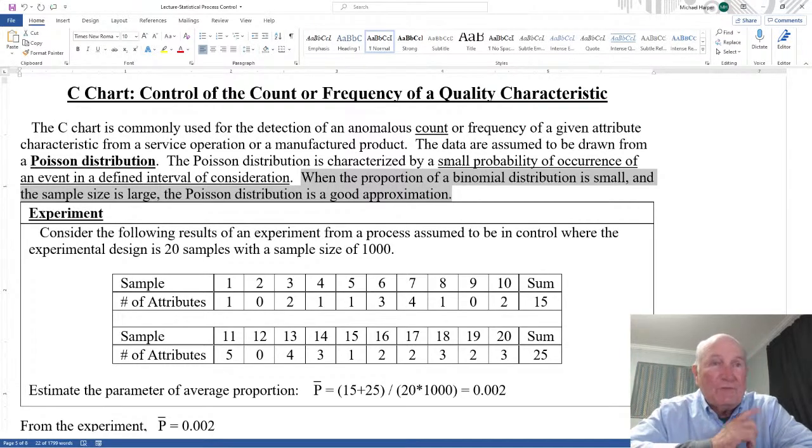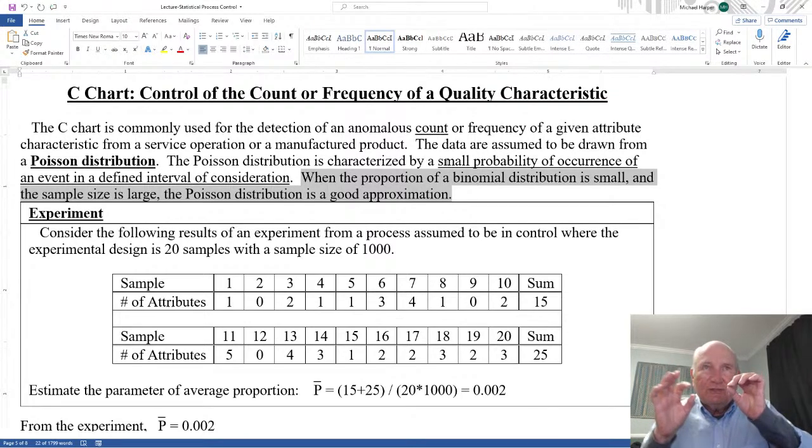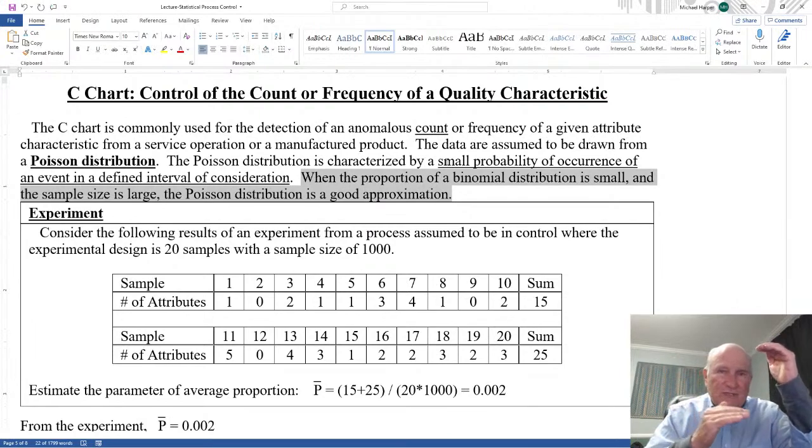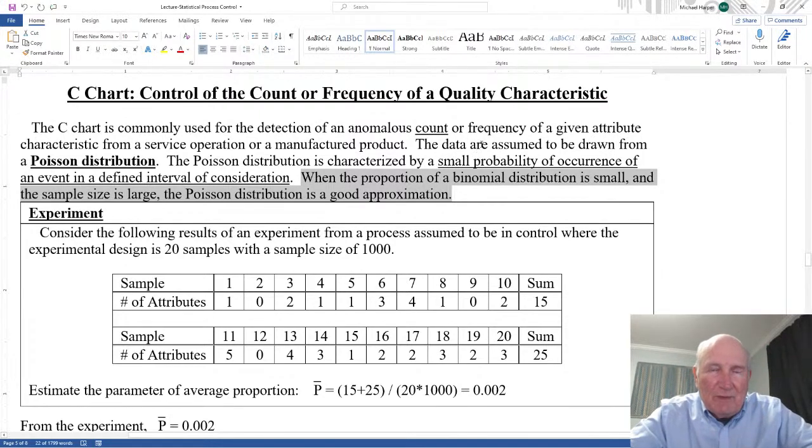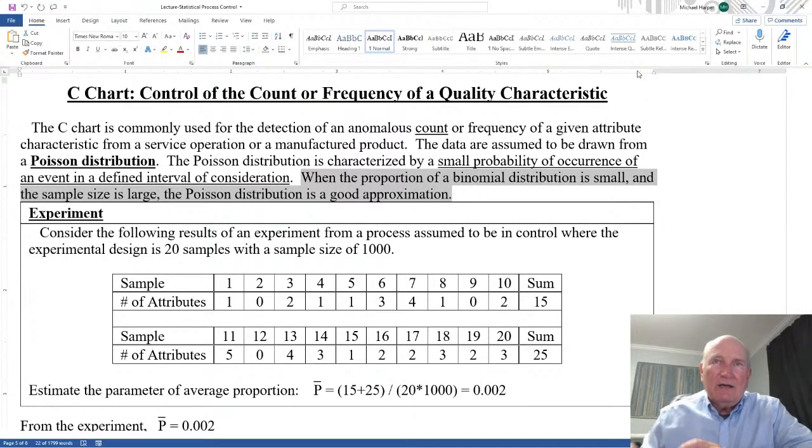What they don't say is that when p is really, really small and n is large, when that relationship gets really small, it's no longer binomial. It starts approaching a Poisson distribution. Anyway, it can be shown. Okay, that's enough of that. Let's go on.